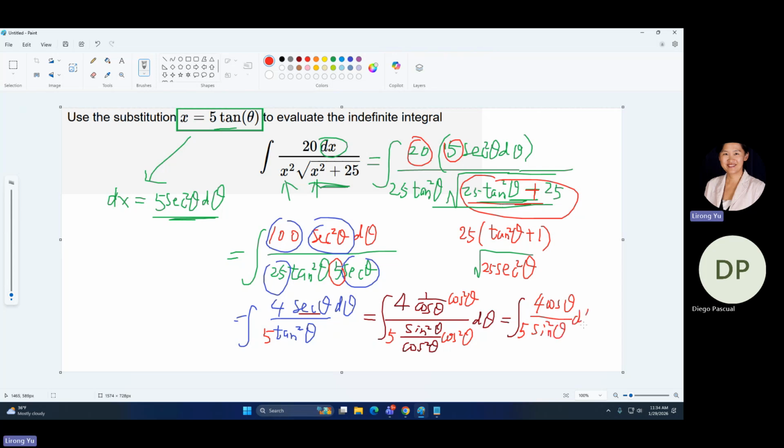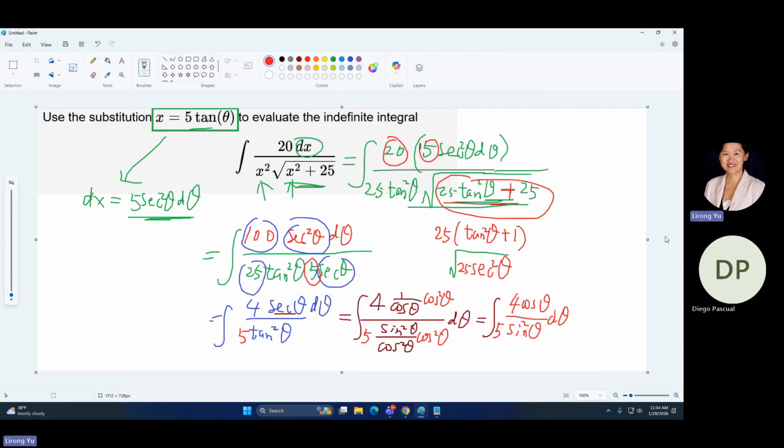theta d theta. All right, so this is now a little bit more clear that the derivative of sine is cosine. So this is sine, derivative of sine is cosine. So whenever the derivative of the function is multiplying the differential, you have a chance for a substitution method. Guess what should be the u? Substitution.